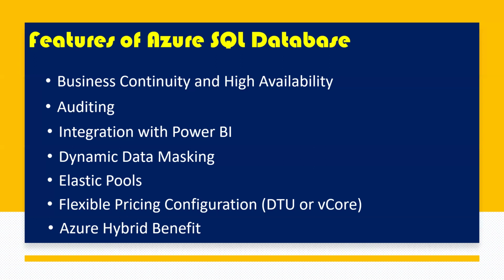And Azure hybrid benefit. See here, imagine you already have an on-premises SQL Server license for 5 years. After completing 2 years, your organization plans to migrate everything into the cloud.